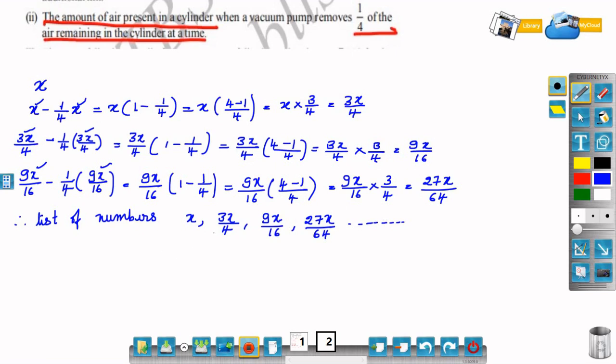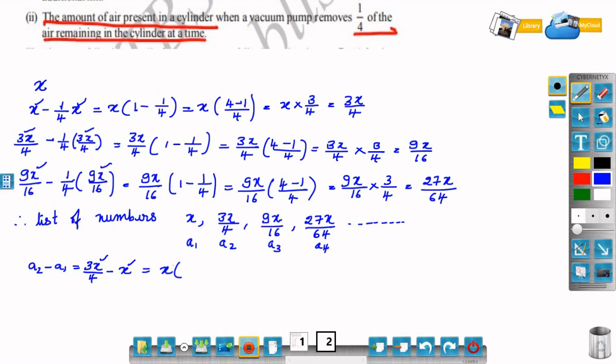Now you have to check whether it is an AP or not. First term is A1, second term is A2, third term is A3, fourth term is A4. Now check the common difference, that is A2 minus A1, 3x by 4 minus x. Now what is common in these two terms? x is common, write it outside.